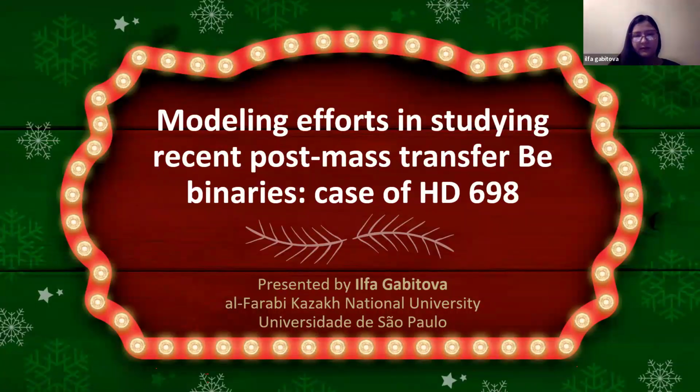The system itself is a member of a new emerging class within B binaries, where the companion of a B star, the second star, is spectroscopically visible.